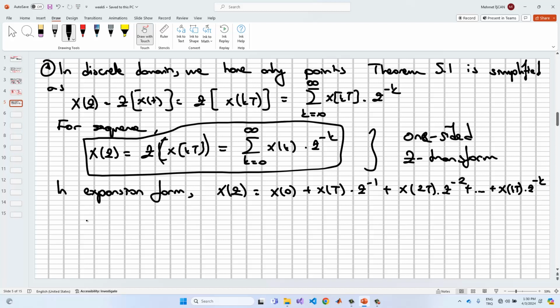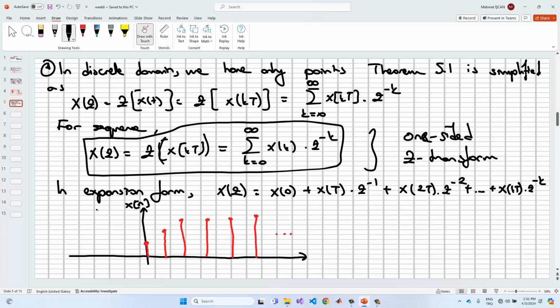And so we have drawn the representation just like this one in here. Okay, this is the x[n], right? And so we have signal 1, 2, 3, 4, 5, 6, and it goes on.